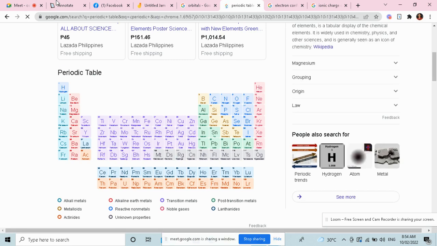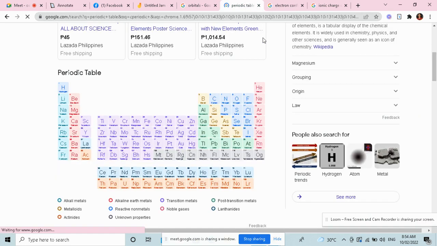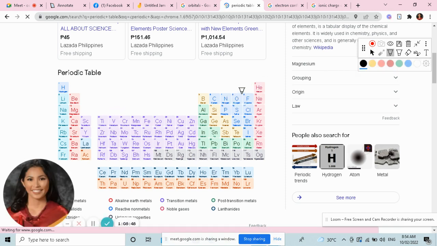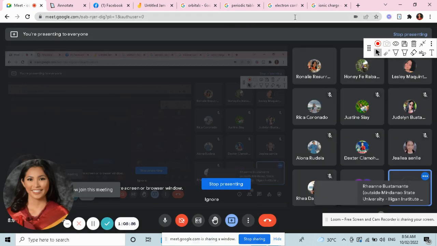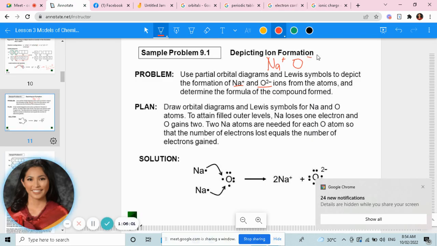Sodium, positive 1. And then we have oxygen. What's the charge? Negative 2.